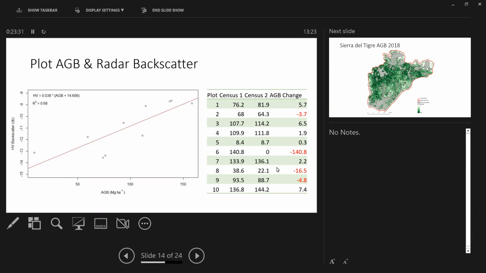I didn't mention that we used ALOS, which has both the HV and HH polarizations. HH is not so good for estimating biomass. HV has a much better relationship because it's more affected by the double bounce effect that happens within forests. I haven't put up the HV relationship because it's much lower.